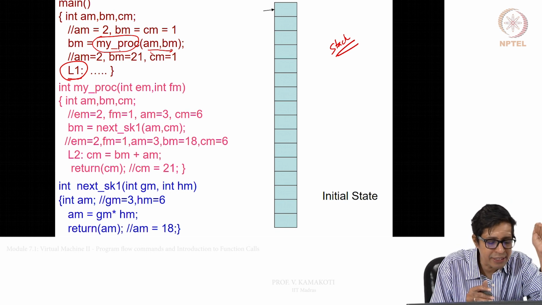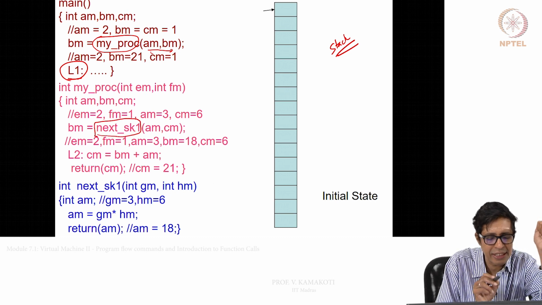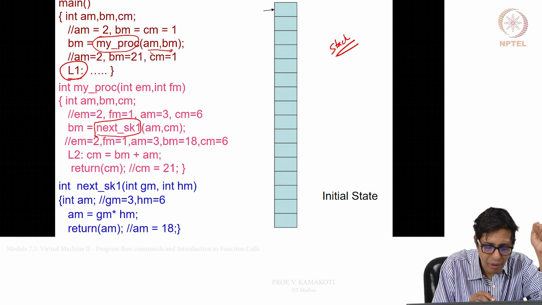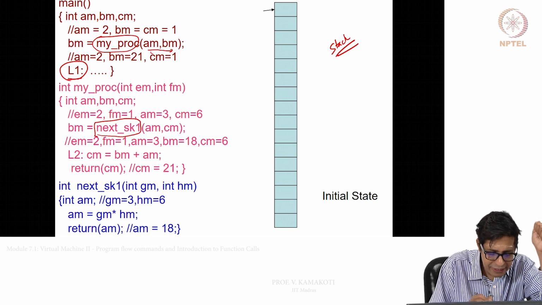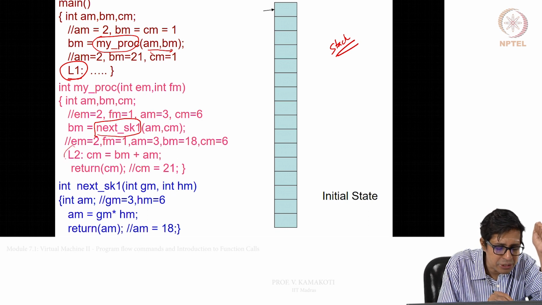Now, when myproc is executing, you see it is calling another function called nestsk1 for which it is providing parameters, arguments, and nestsk1 executes and gives back an answer to myproc and it resumes its execution. So, myproc at L2.